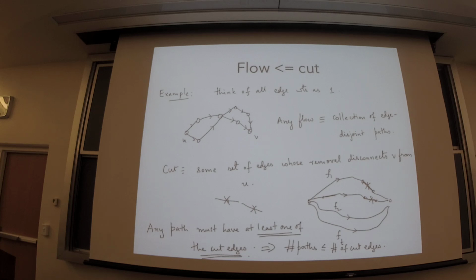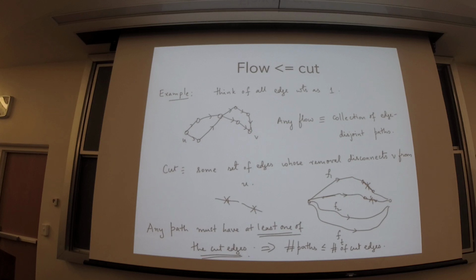So for the definition of a cut, do we have to add all the weights of the edges we have cut? Yes. The value of a cut is the sum of the weights of the cut edges. Suppose we cut 10 and 20, so the value of the cut is 30, not the flow that uses the cuts.